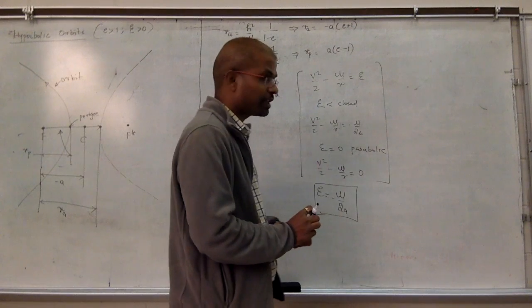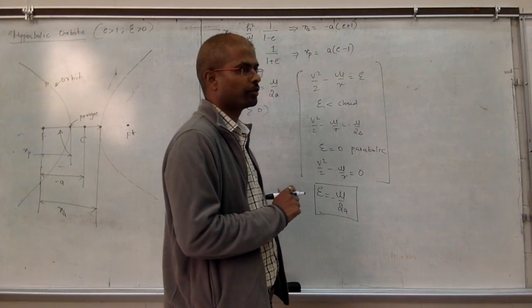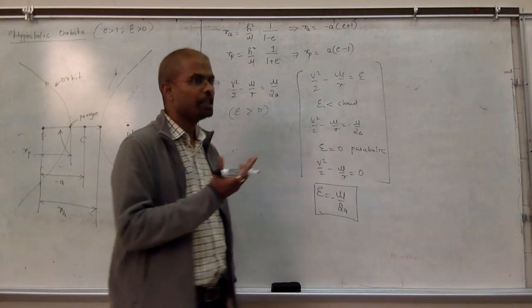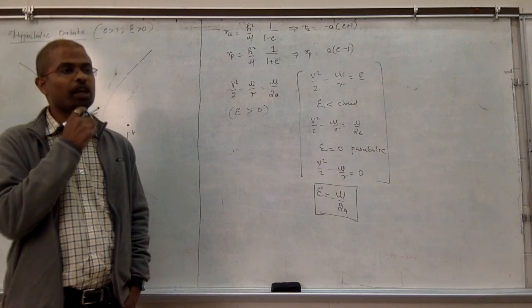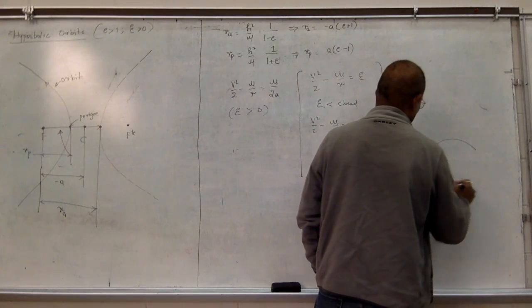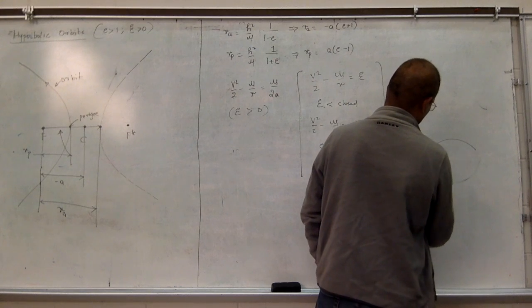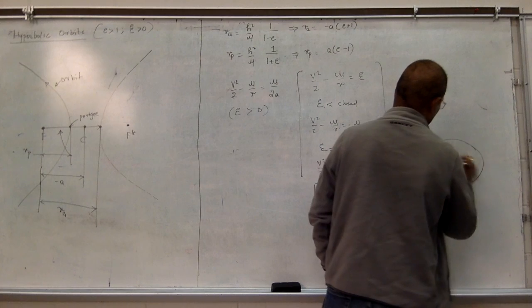No, a depends on size, not shape. They cannot have the same e, that we know. But they can have the same a. For example, this is a circle. So this is the ellipse.